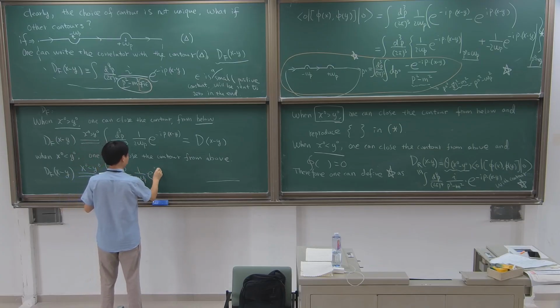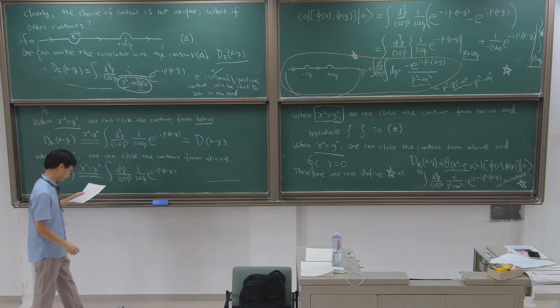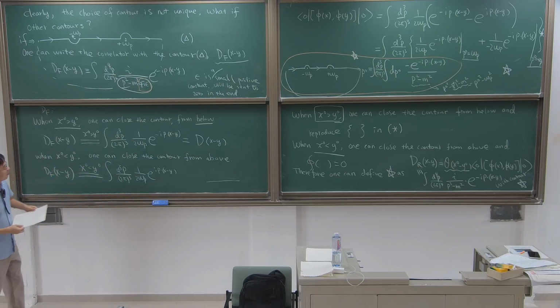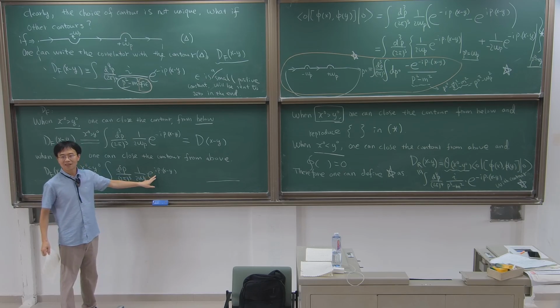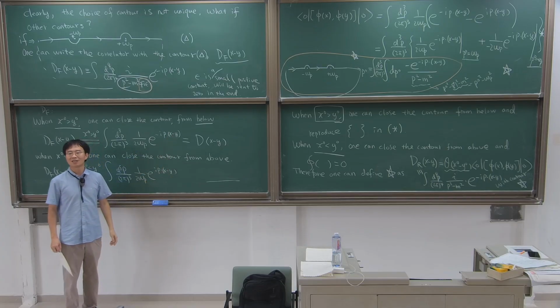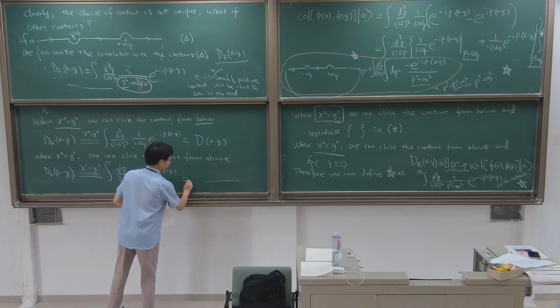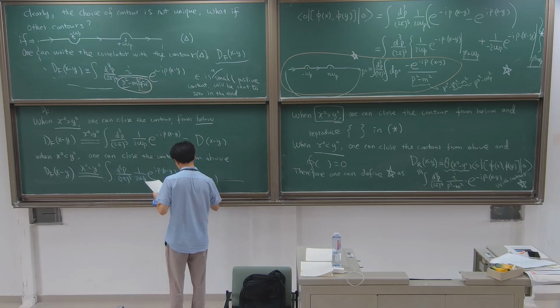To check yourself, it's nothing but... Now, there's a sign difference. This is minus, this is plus. The sign difference is equivalent to switching x and y, so this is nothing but d of y minus x.